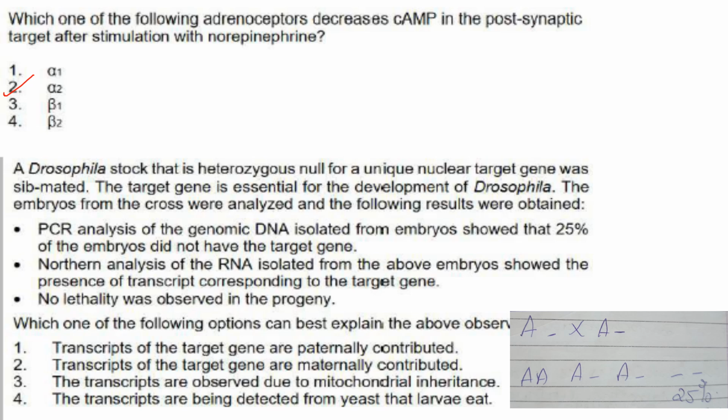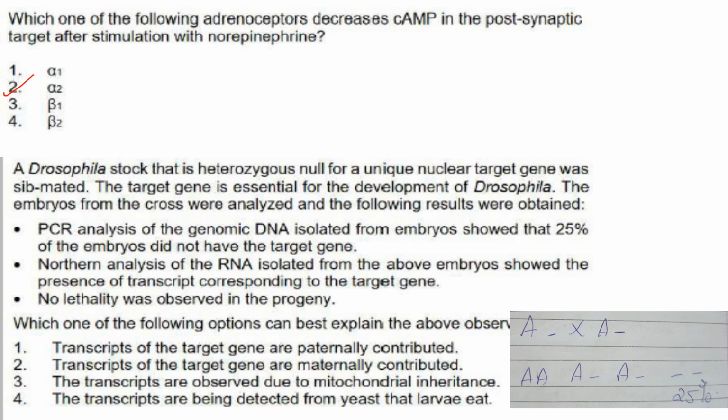So this must be the reason why all the offsprings showed the presence of transcript even though the DNA was absent. No lethality was observed in the progeny. Okay. Now, which of the following options best explains the above observation?